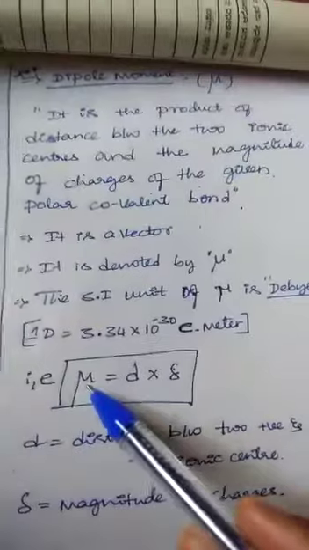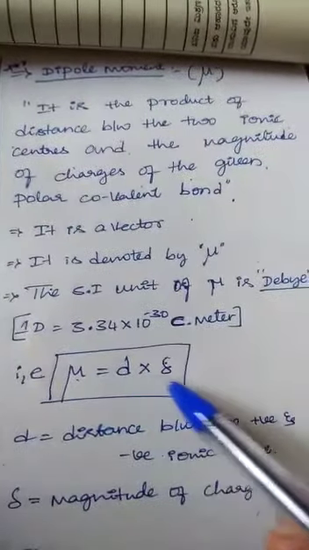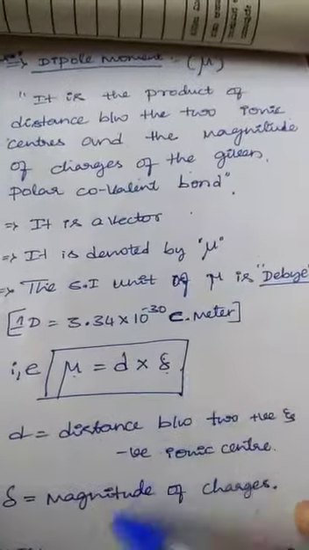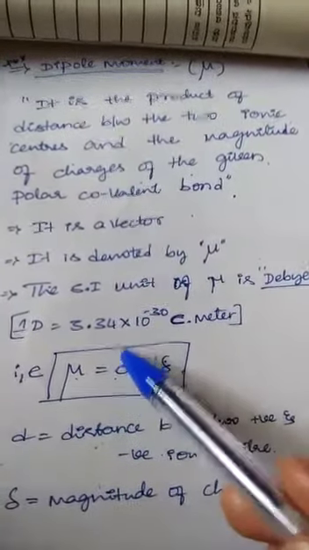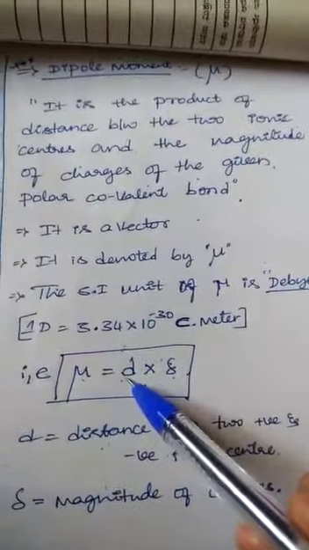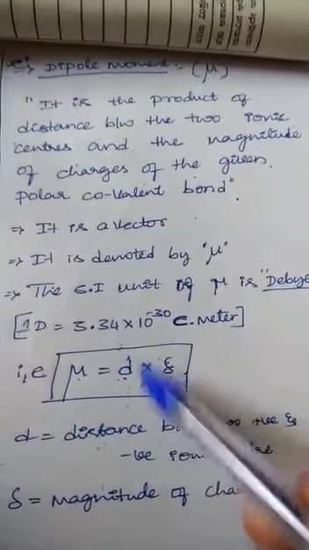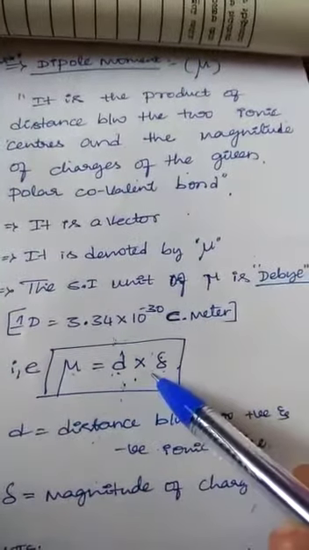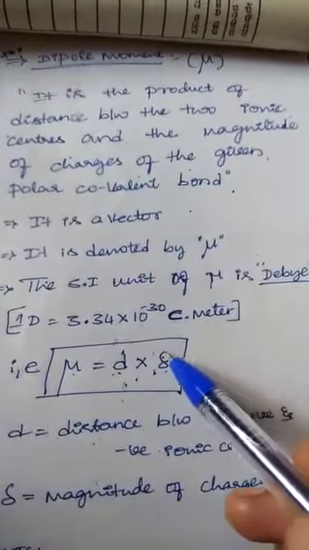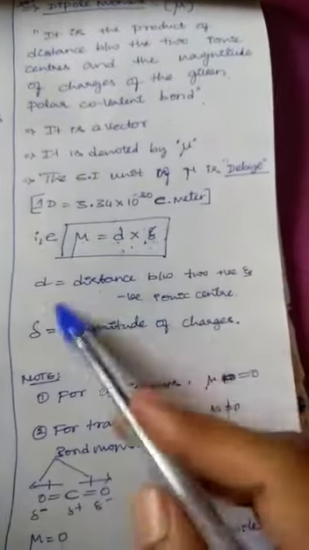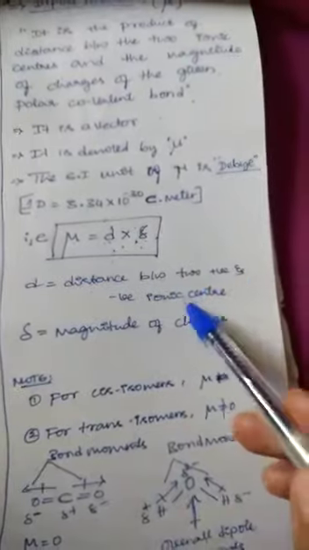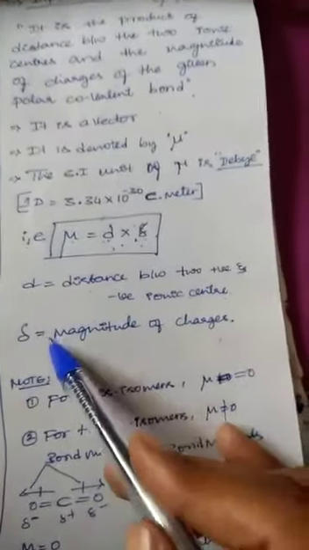The formula is mu equals d into delta. Here d is the distance between the two positive and negative ionic centers, and delta is the magnitude of charges.